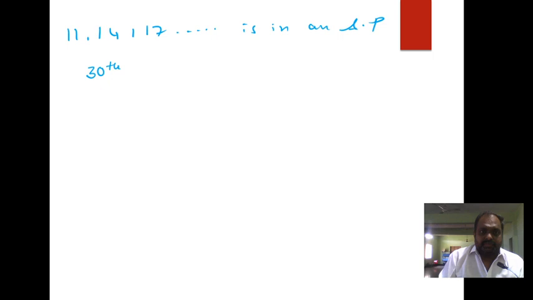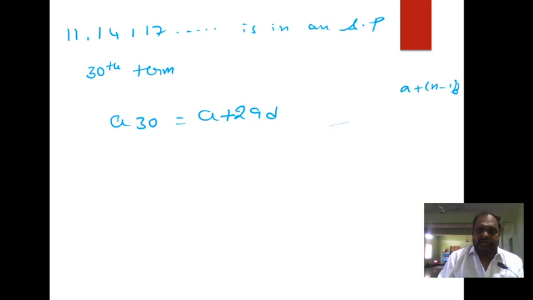That means a plus, subtract one from 30, 29d. That means the formula a plus n minus 1 into d. So that is equal to a means 11 plus 29 into d. What is the d value? d is 3. 11 plus 29 into 3, 87. So 87 plus 11, 98.